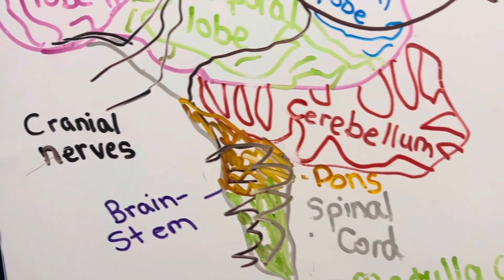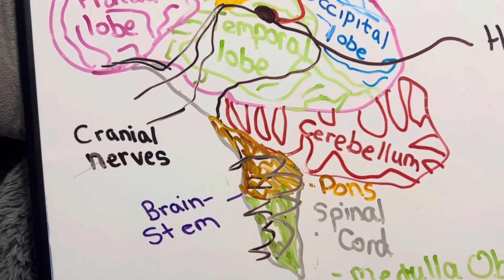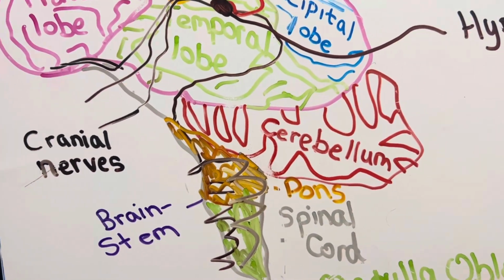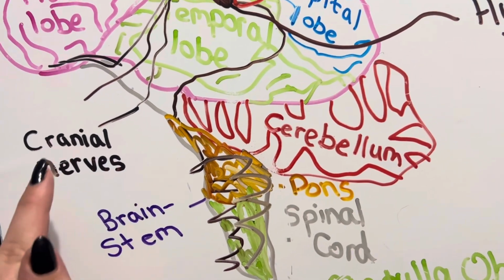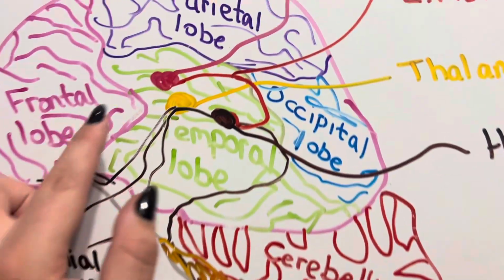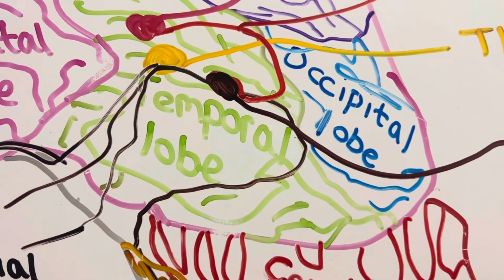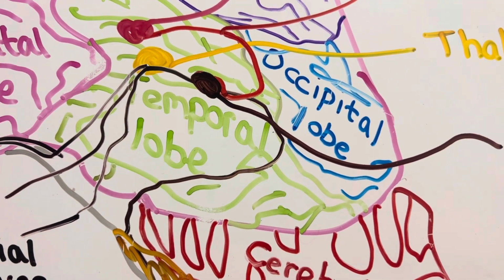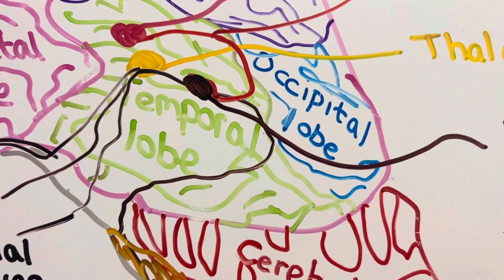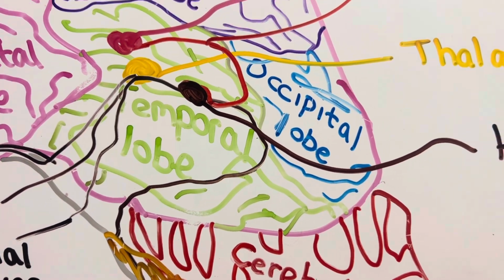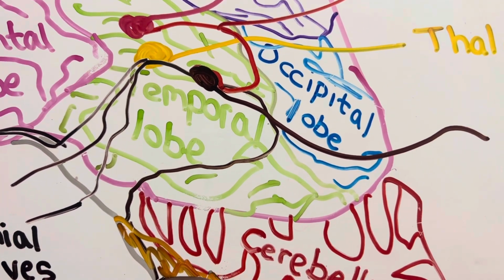Up next, we have the limbic system region. Right here is the limbic system. This is a region under the cortex. It processes our emotions and drives.